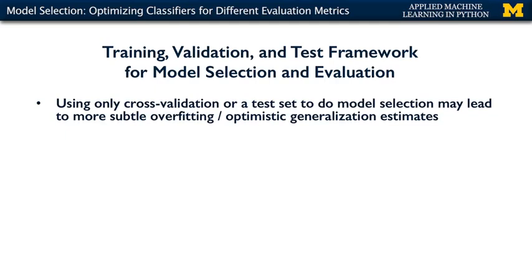For simplicity, we've often used a single train test split in showing examples of evaluation scoring. However, using only cross-validation or a test set for model selection or parameter tuning may still lead to more subtle forms of overfitting and thus optimistic evaluation estimates for future unseen data. An intuitive explanation for this might be the following.